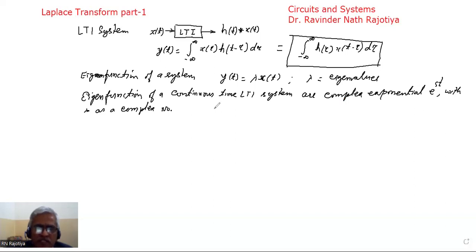That means if you pass e^(st) to the LTI system, then the response y(t) is equal to lambda e^(st). Again, this lambda is nothing but the eigenvalue.